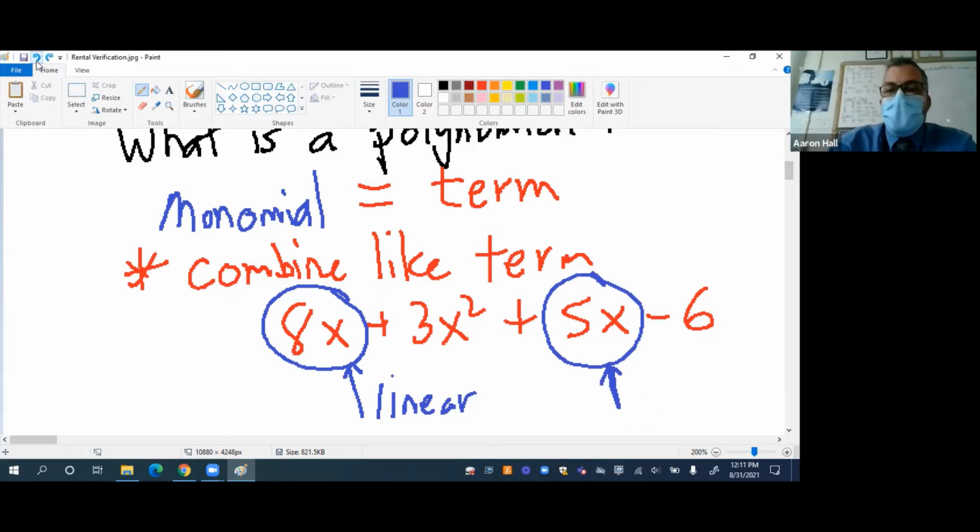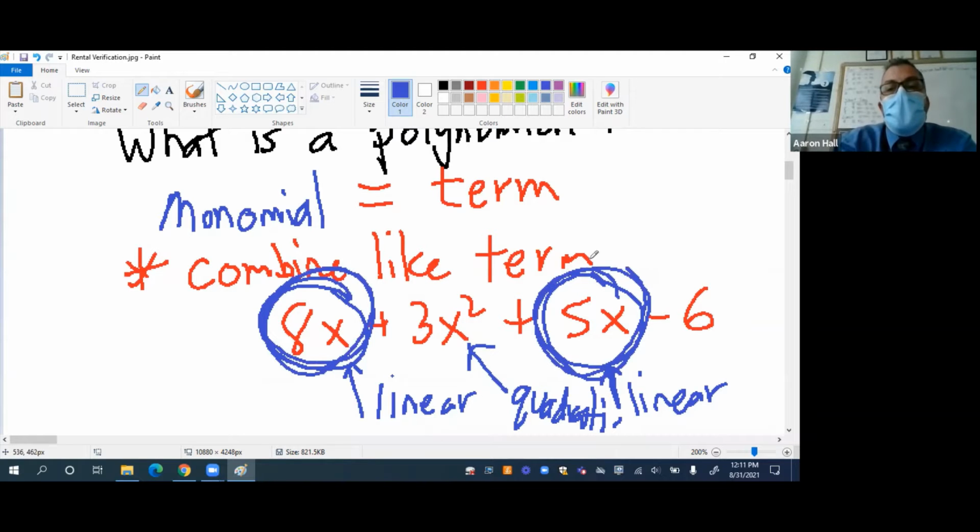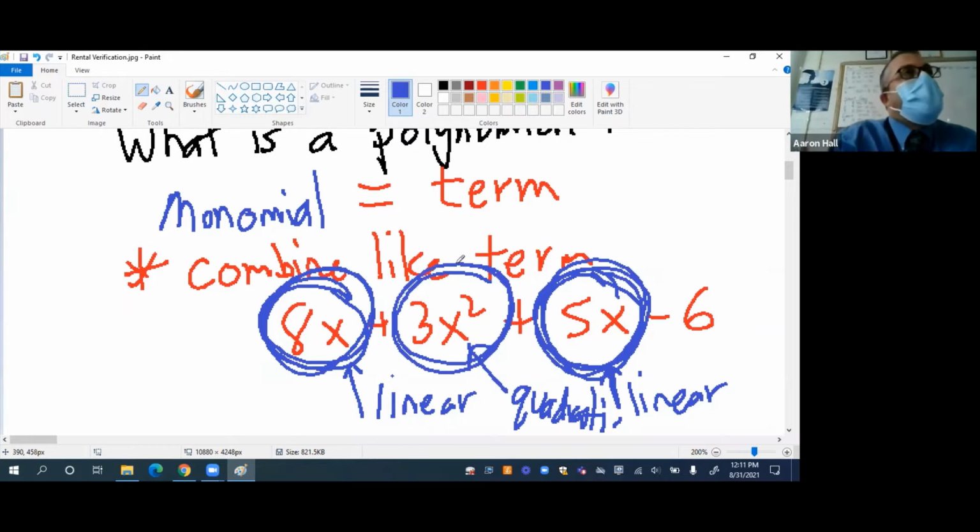What's the middle one? What's this one? It's quadratic. Good. It is quadratic. So in fact, we're looking at something that is one-dimensional, and we're combining the one-dimensional things, but we're not going to combine a two-dimensional thing, because that doesn't make sense.